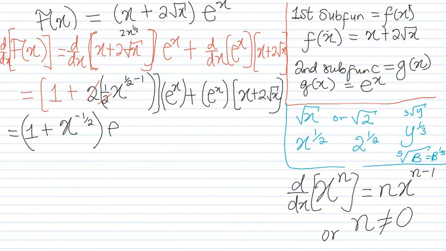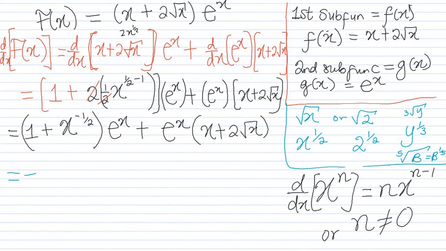Differentiated, multiplied by e to the x, plus this part here. We have e to the x times x plus 2 root of x. Okay, so now let's multiply through. That's what we're going to do here. We're going to do something called multiplication, like multiply through.